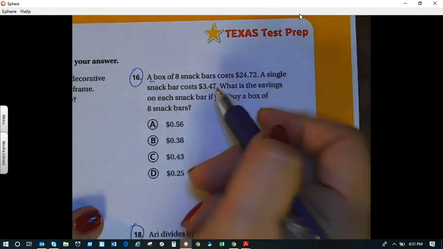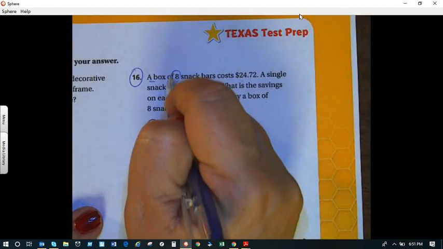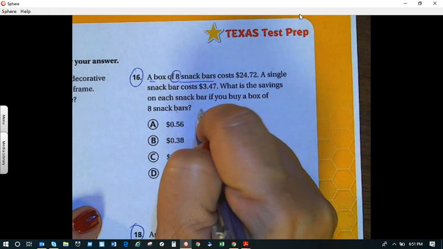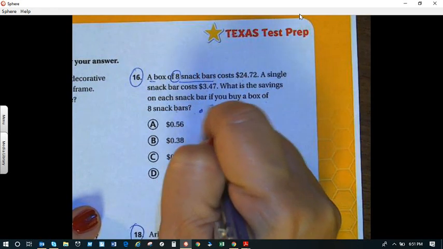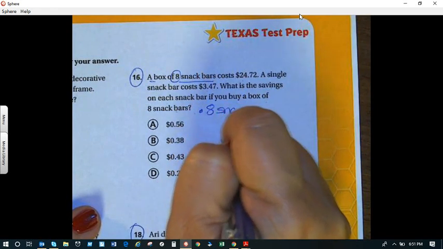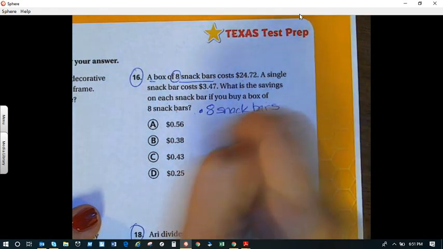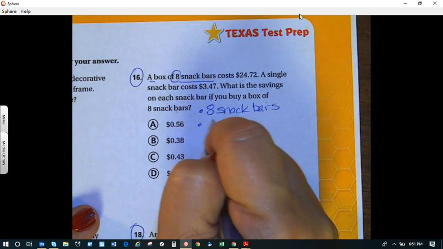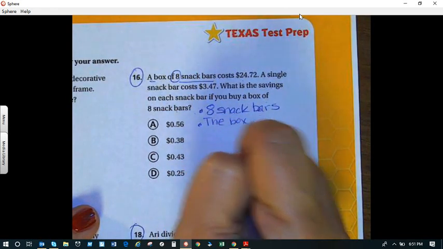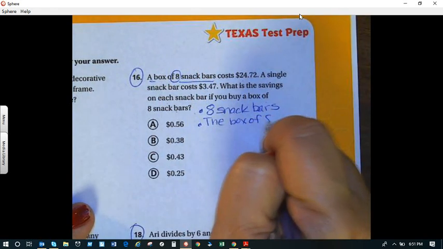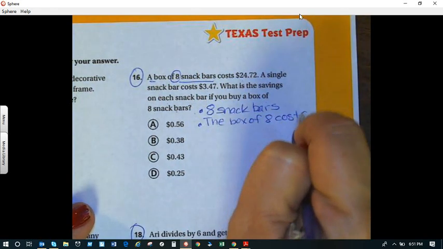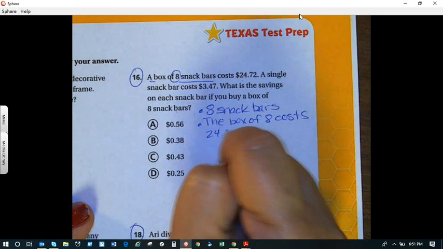So I have a box of 8 snack bars. Okay, so the box of 8 costs $24.72.